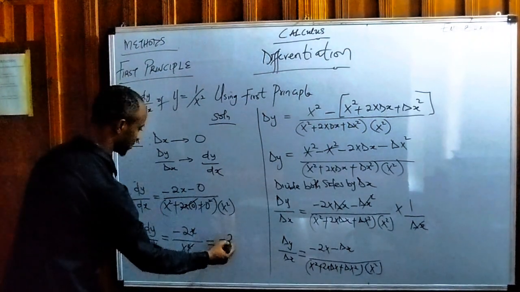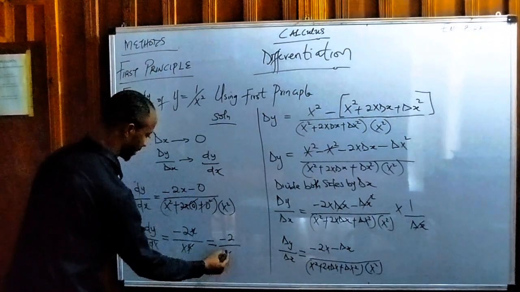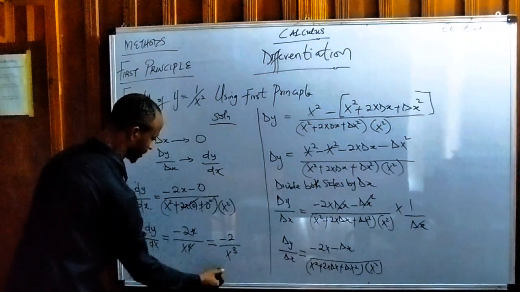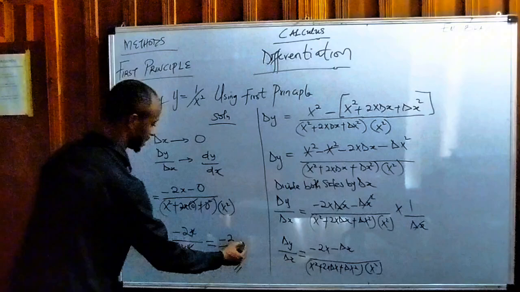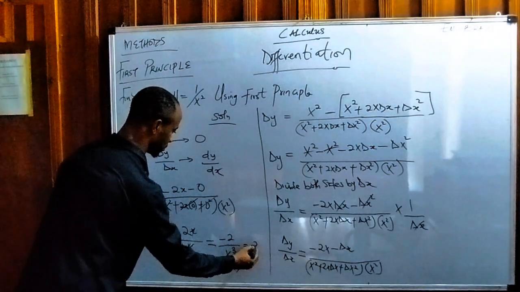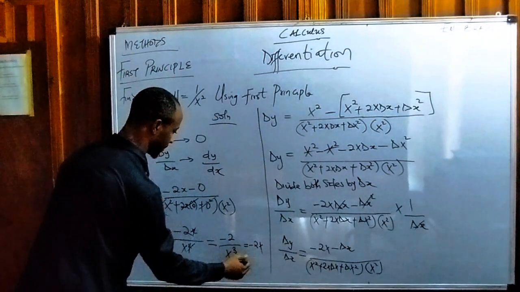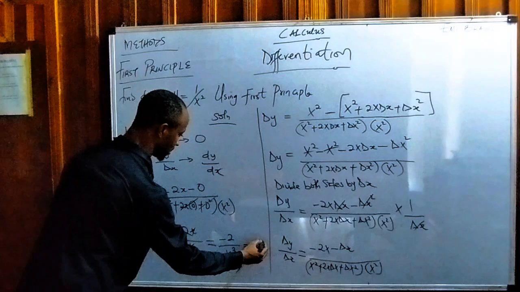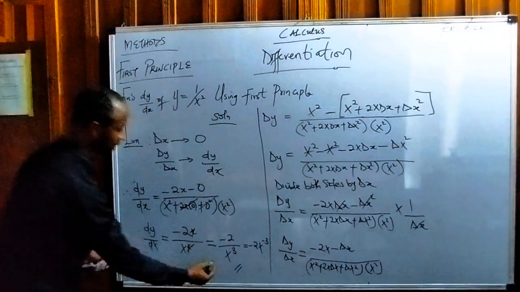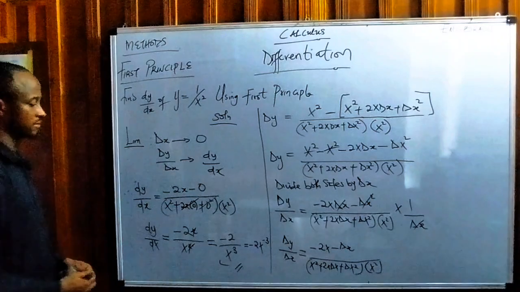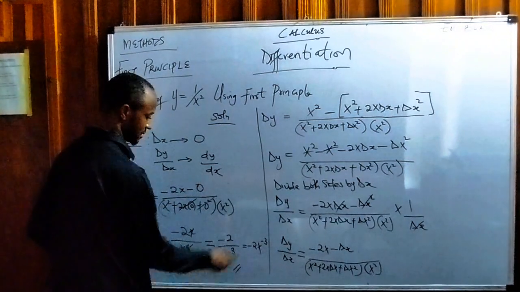We are going to have minus 2 divided by x raised to the power of 3. This is our final answer. We can as well say this is the same as minus 2x raised to the power of minus 3. We can leave our answer in this form. This is our answer.